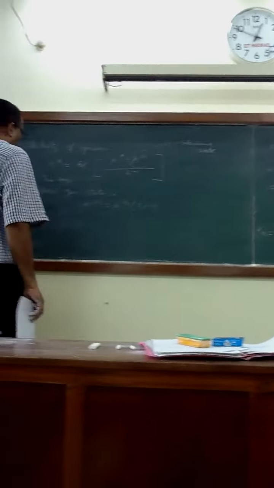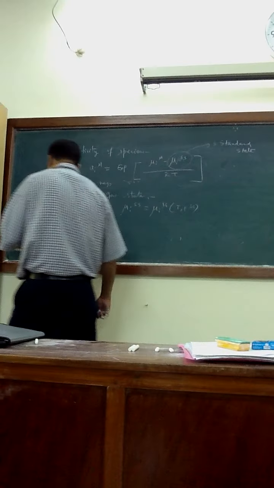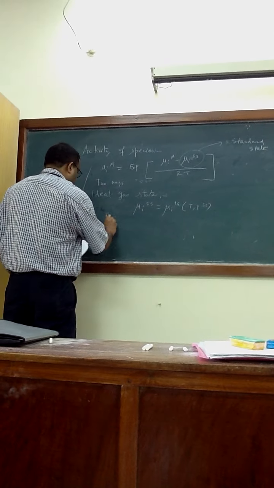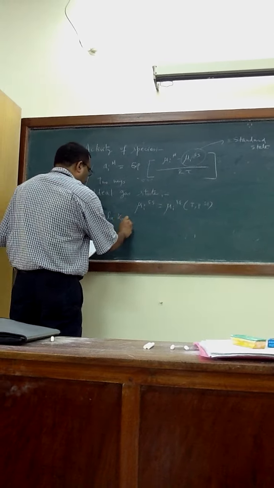Okay, so many things we are seeing that this SS is playing a critical role. Very important. And how to evaluate: mu I SS equals to mu I Tp SS and ln K equals to minus 1 by RT summation I equals to 1 to C gamma I mu I SS.